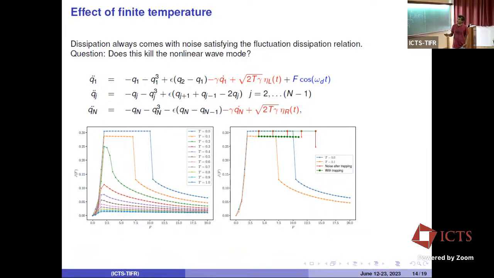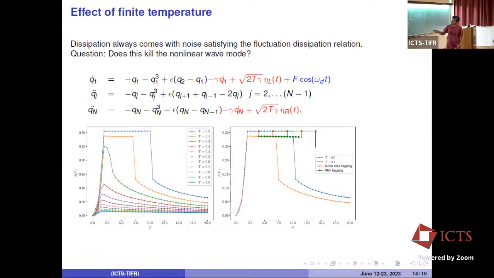Then we can also test the stability. Here, let's say you start from the zero temperature plot. You have some initial condition here, and now you just switch on the temperature. Then you find that you just go to this steady state, and here, of course, we know that this can continue forever. At any point, if you switch on the temperature, you will just go to this state.